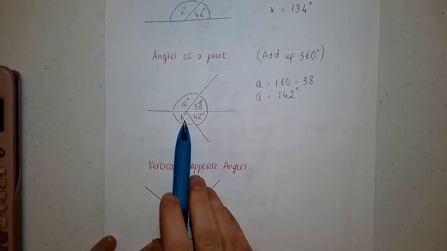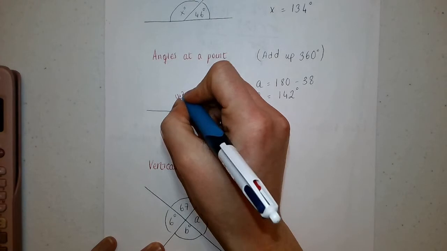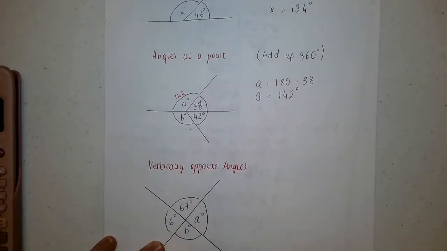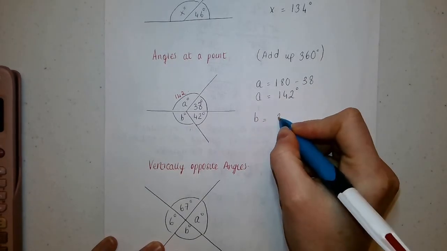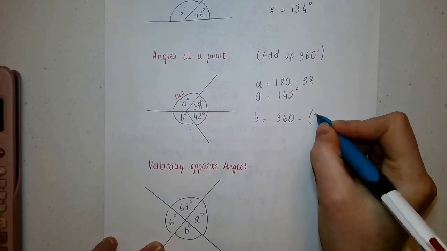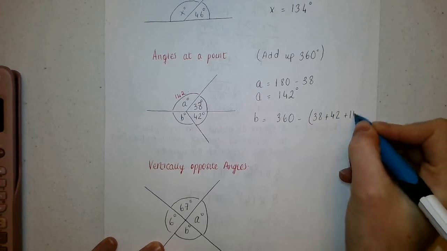Next up we want to find the angle B. So given that the angle A is 142, to find B we're going to take 360 and take away all of the other angles, 38 and 42 and 142.